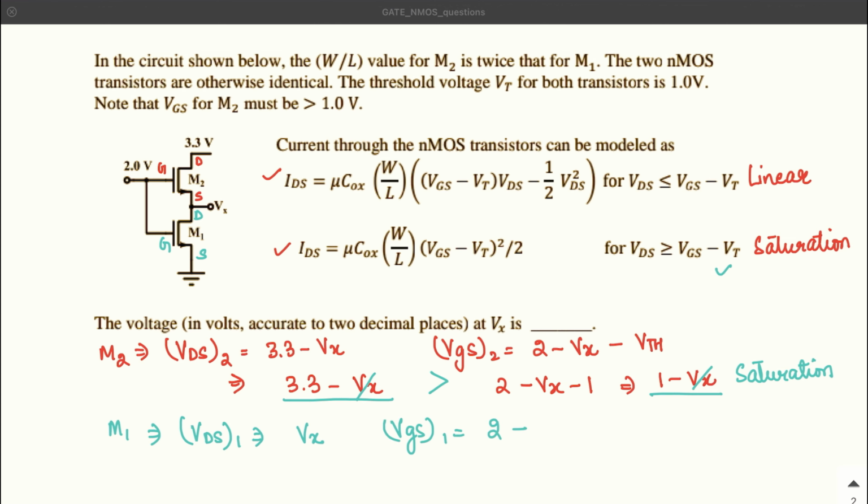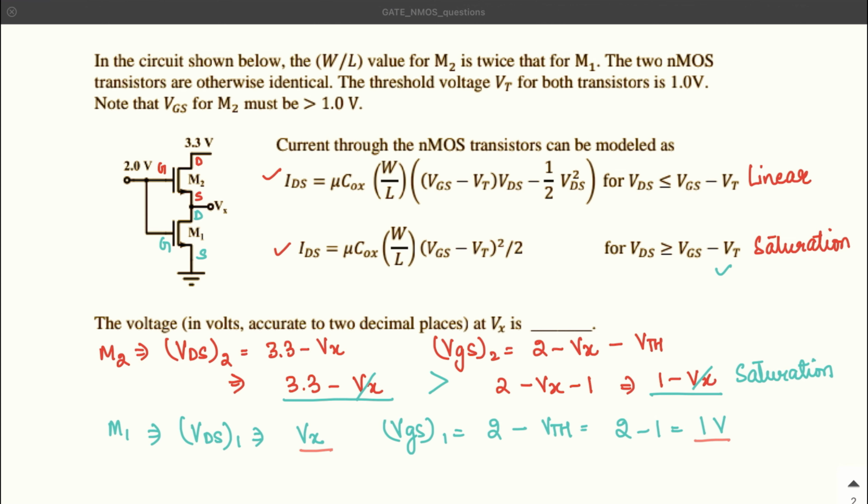Now here you subtract the threshold voltage, that is 1, so you will get 2 minus 1, which is 1 volt. So we are now comparing this 1 volt with Vx. But we actually don't know what is the value of Vx, so we are a little confused how do we decide whether this transistor is in saturation or linear. Because if Vx is greater than 1, then it is in saturation. If it is less, then it is in linear.